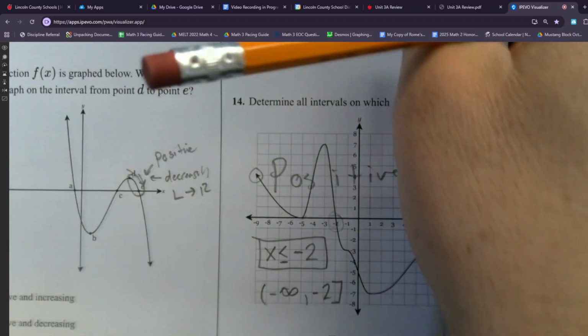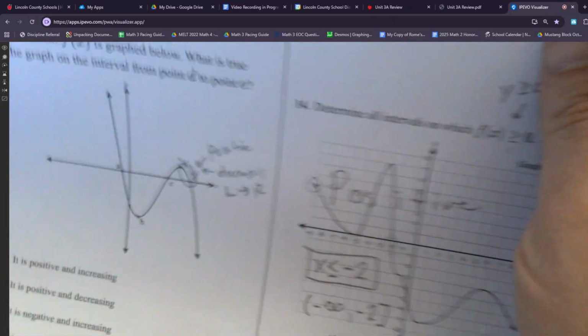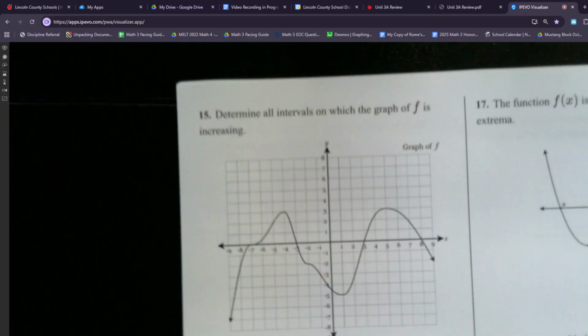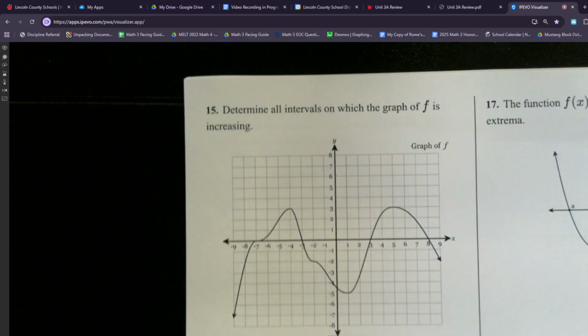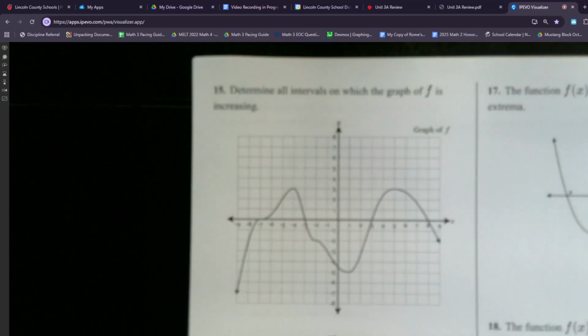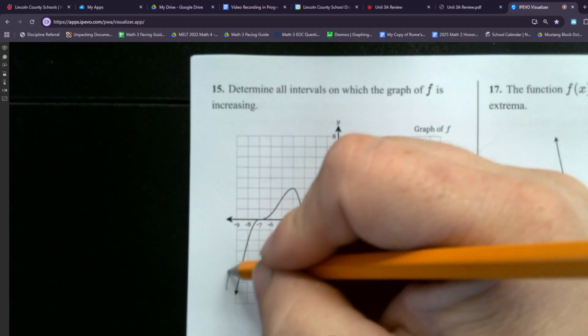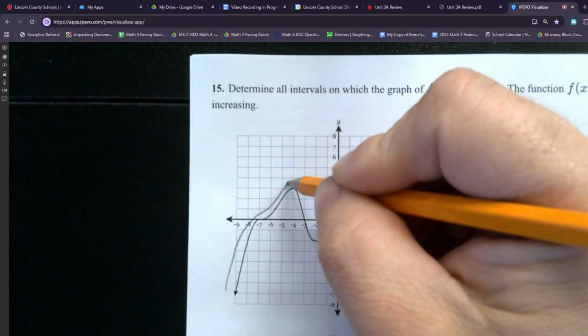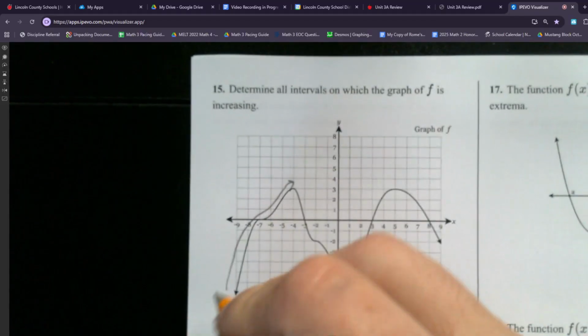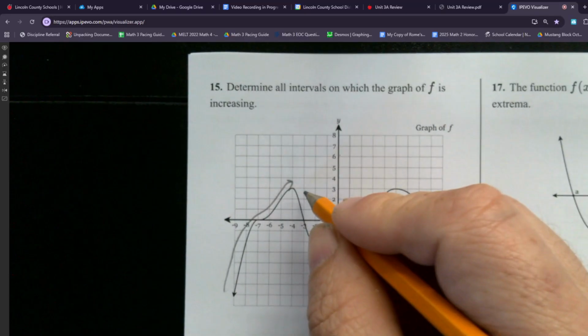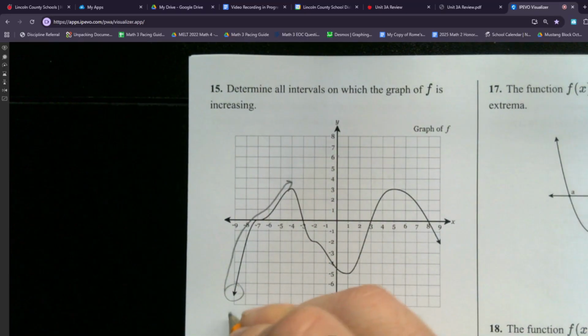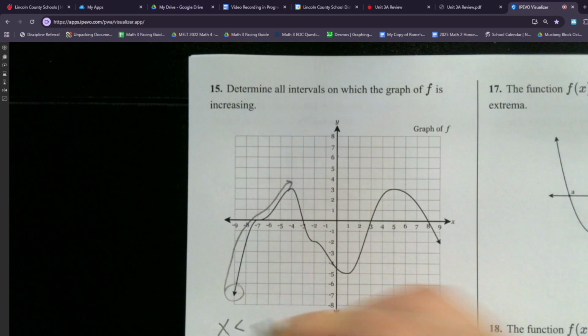All right. Next question. Determine all intervals on which the graph of f is increasing. Okay, so coming in, we are increasing here all the way till we get to -4. So we came in increasing. Since it's run off the left side of the graph, we know it's x less than, okay?